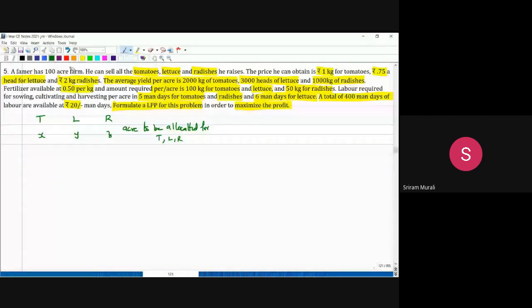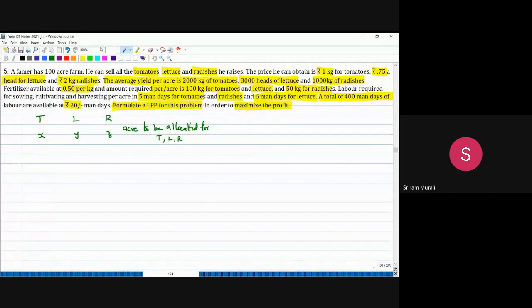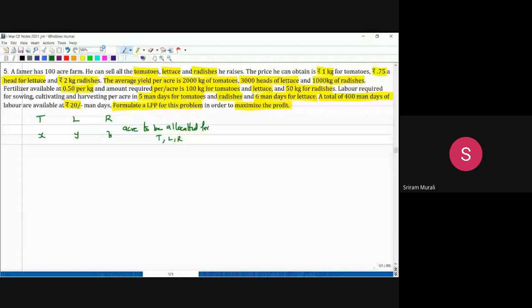That is the basic unknown. Then only can he cultivate and maximize. If he cultivates less land where he gets more profit, it is a loss. So he should organize the acres of land which give more profit.